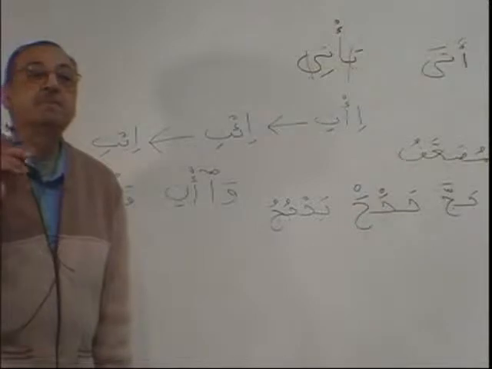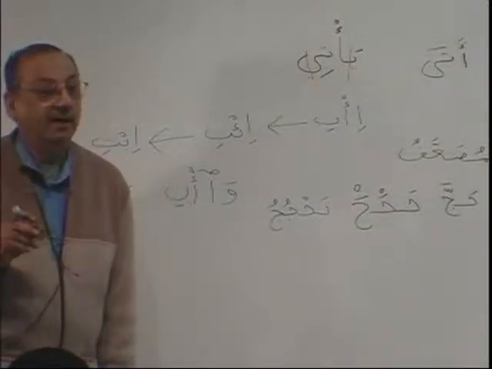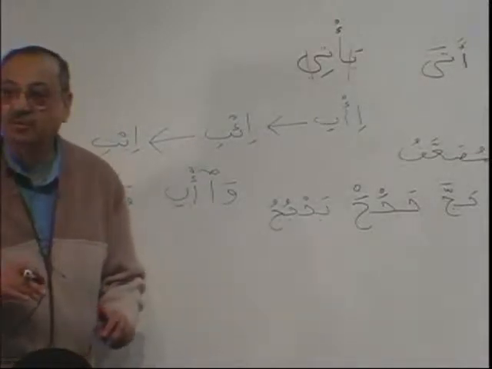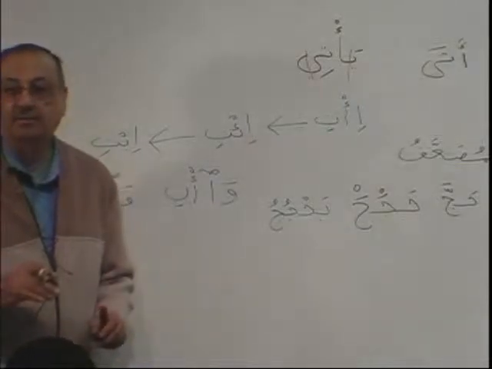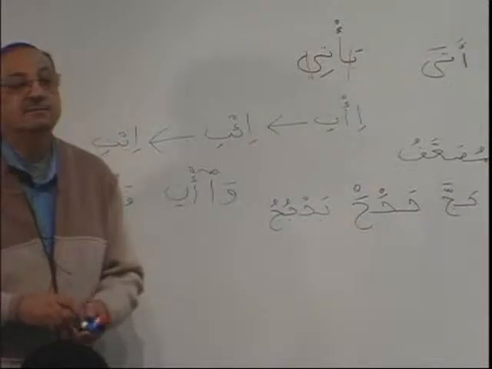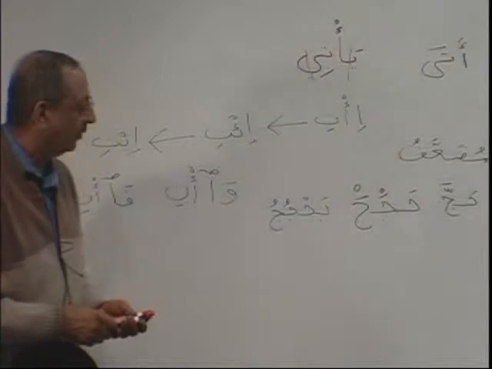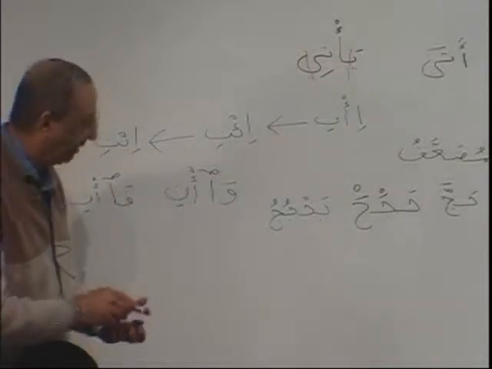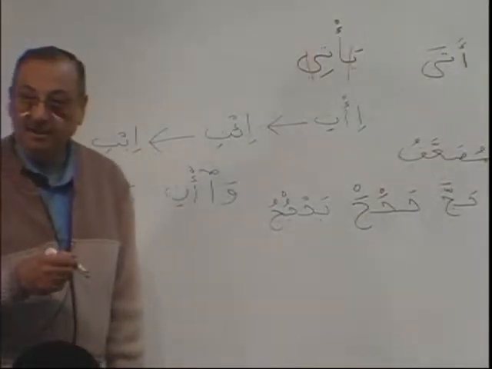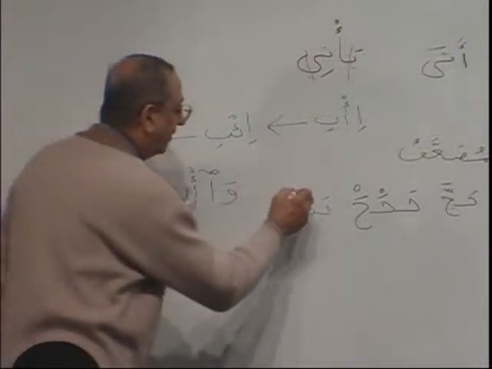So the same rule. If it is a mutaharrik pronoun, you break the idgham. If it is a sakin pronoun, you have idgham. So how many sakin pronouns are in the mudari'? Twelve. Only two are mutaharrik. So we give a sukun here, brother. The ain kalima lost its vowel sign, and then that dhamma came here.